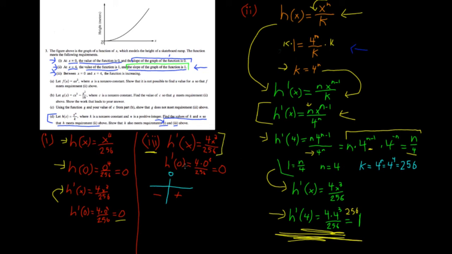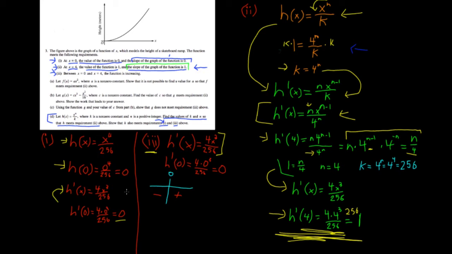The reason we're plugging in h prime of 0 is because we want to find the critical points. So on the y-axis at 0, if the line dips below the x-axis, that means that h of x is decreasing at that point. So we plug in 0 for h prime of x, and we get 0.